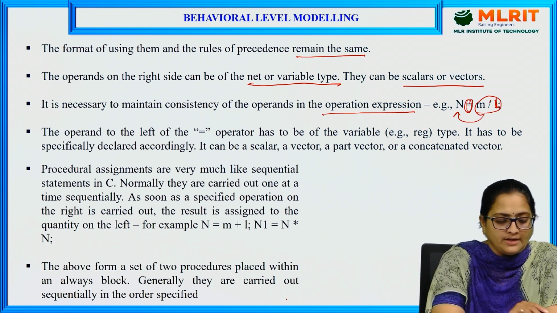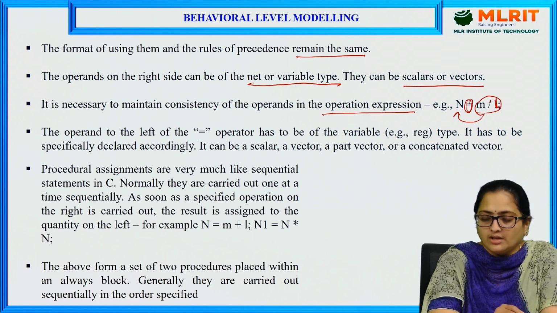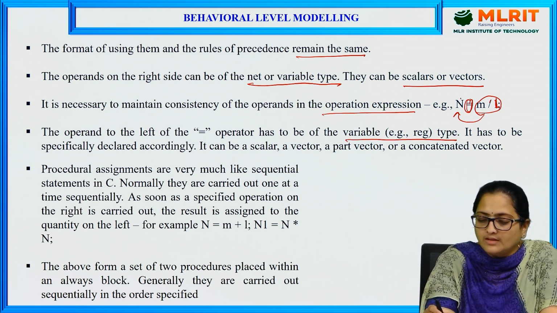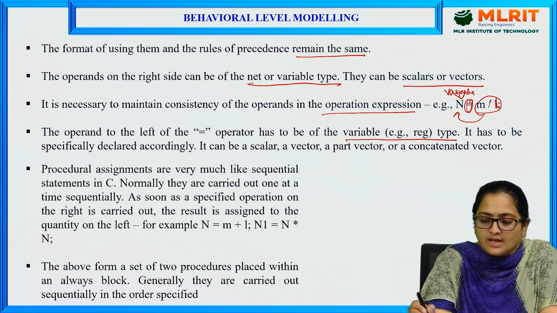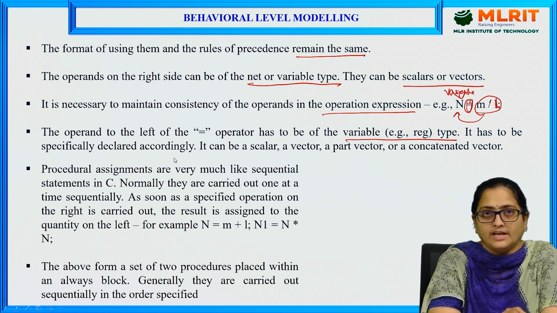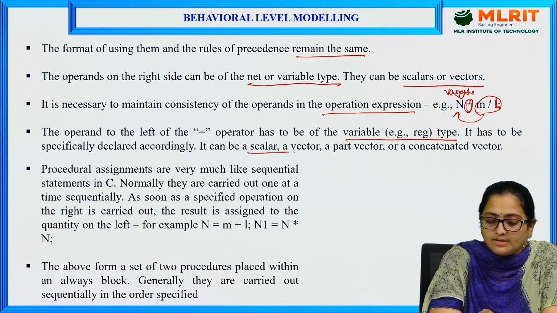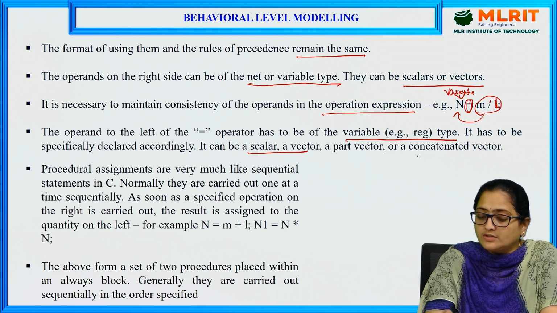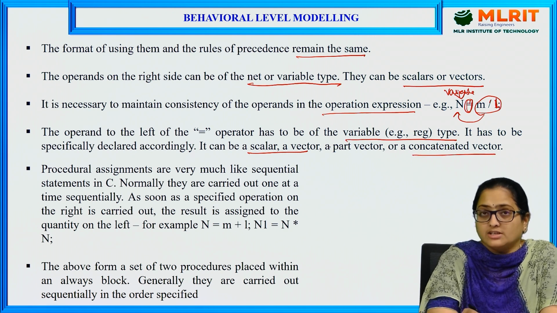The operand to the left of the equals to operator has to be a variable type. It has to be specifically declared accordingly, and it can be a scalar or a vector, a part of a vector, or a concatenated vector.